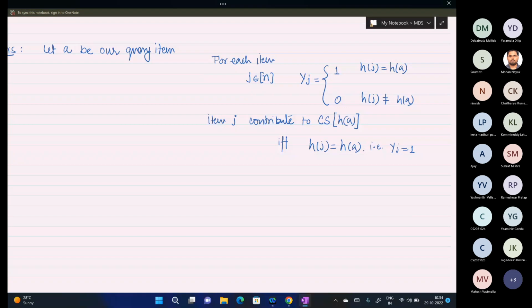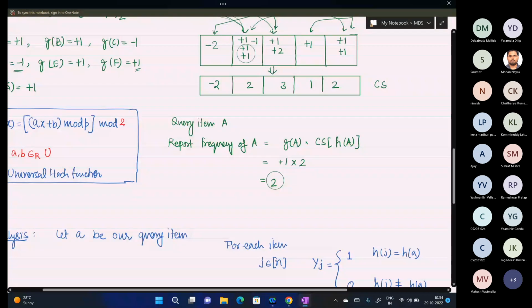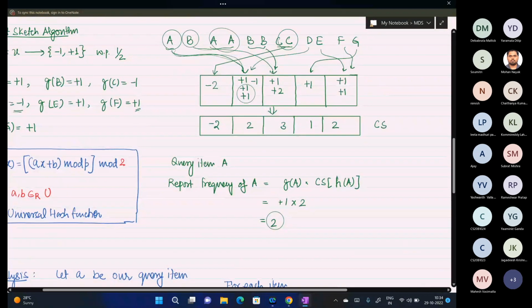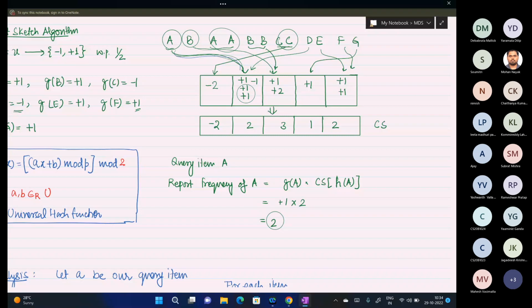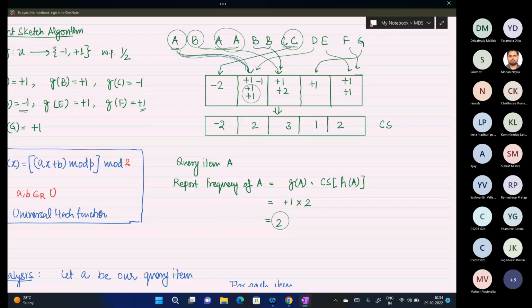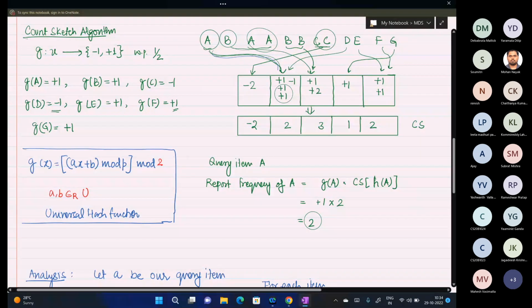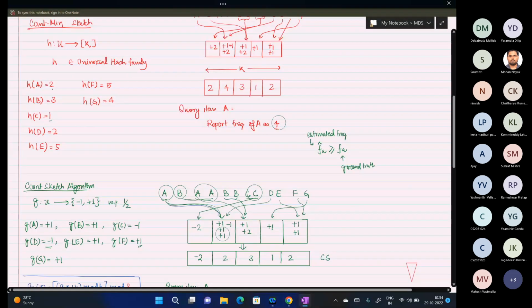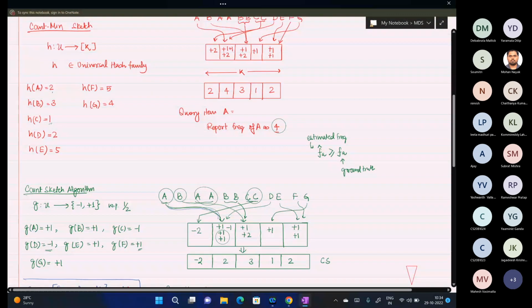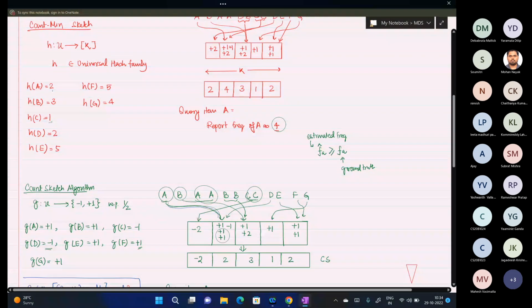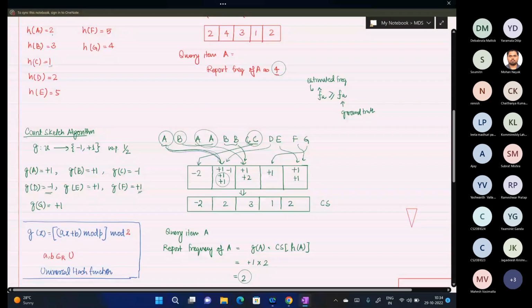So for example, in this case, A is our query item, so it maps to this bucket, and D is also mapped in the same bucket.